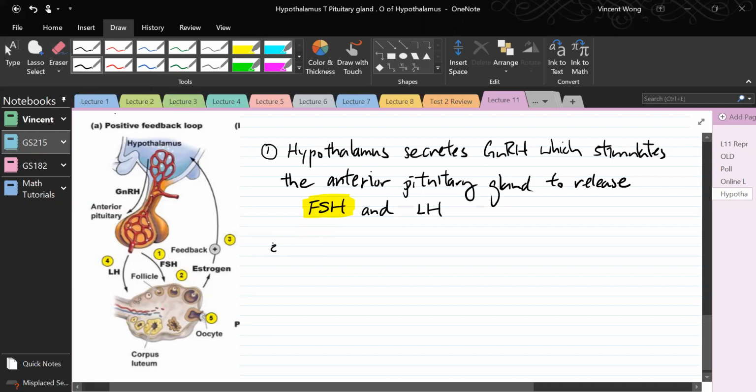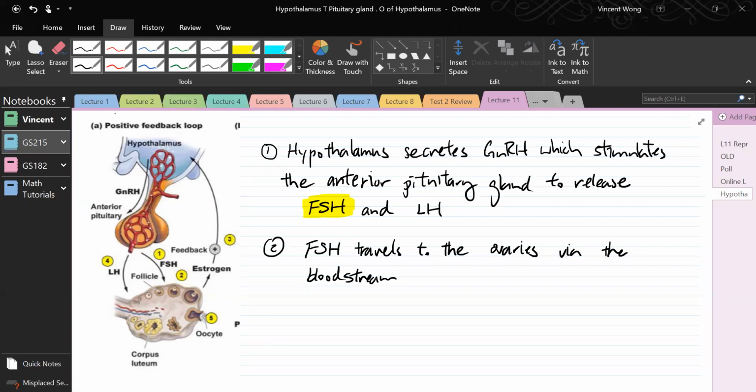Number two is right here. The follicle stimulating hormone travels to the ovaries via the bloodstream. And there is some control mechanism where, if the right ovary is already developing an egg, then the left one is not going to be stimulated.